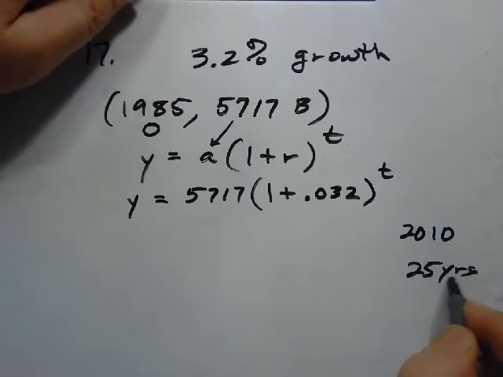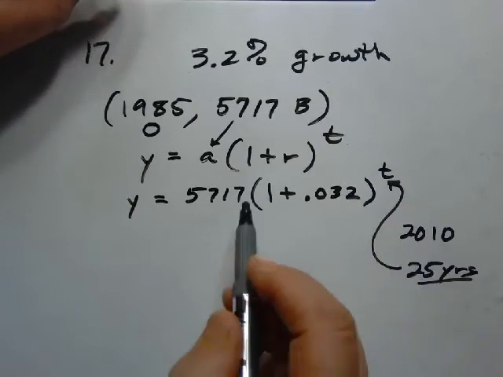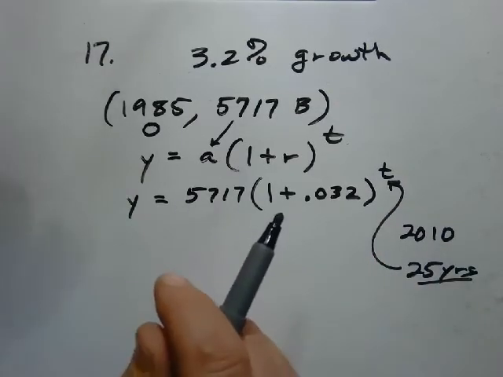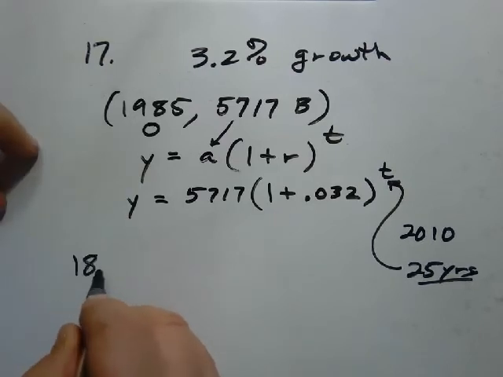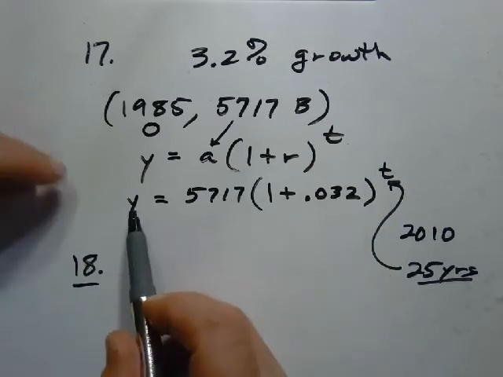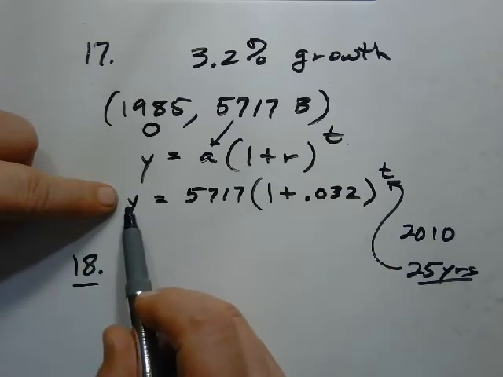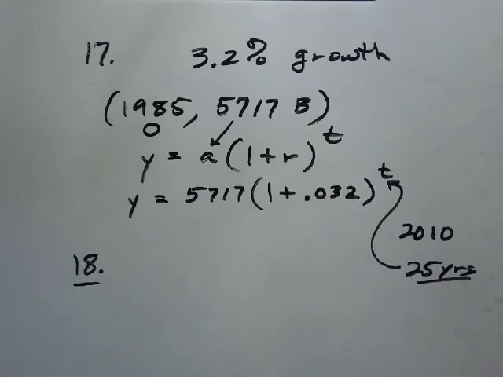That's the 25th year. So you're going to take that and stick that in there and go ahead and calculate the GDP in that year. And then problem 18 is similar to that, but you're going to work backwards and you're going to have to find T if you're given this Y. So problem 18, you're going to be given Y, but you're going to need to find T. I'll let you go ahead and do those two problems.